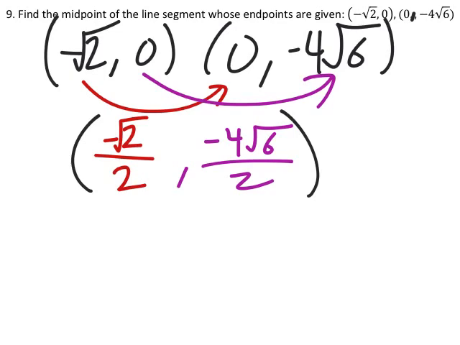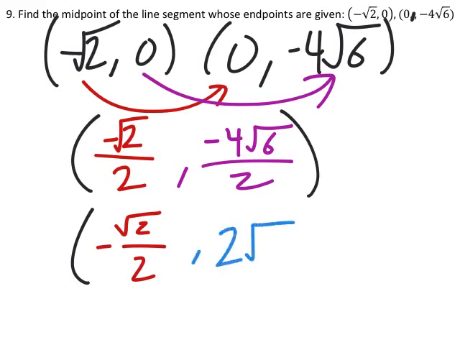The thing is we can simplify that y value, which means the x value is not going to change, a negative square root of 2 over 2. But the new y value is a 2 square root of 6, because we can take that -4, which I forgot the negative, there it is, -2 square root of 6.